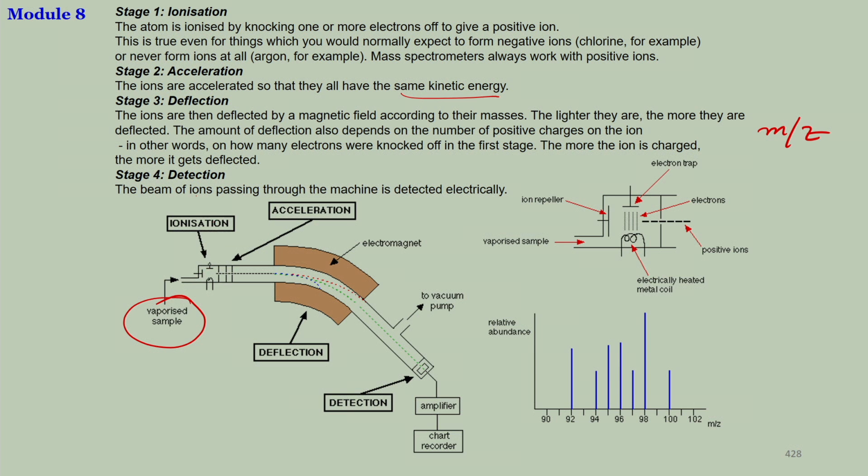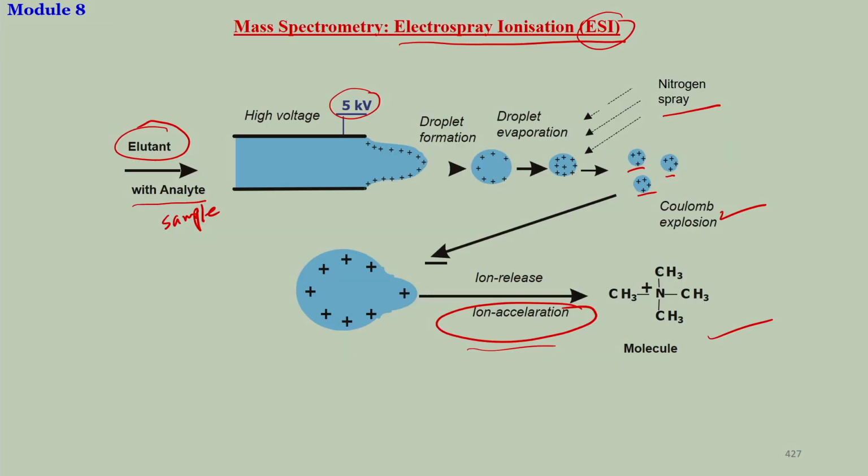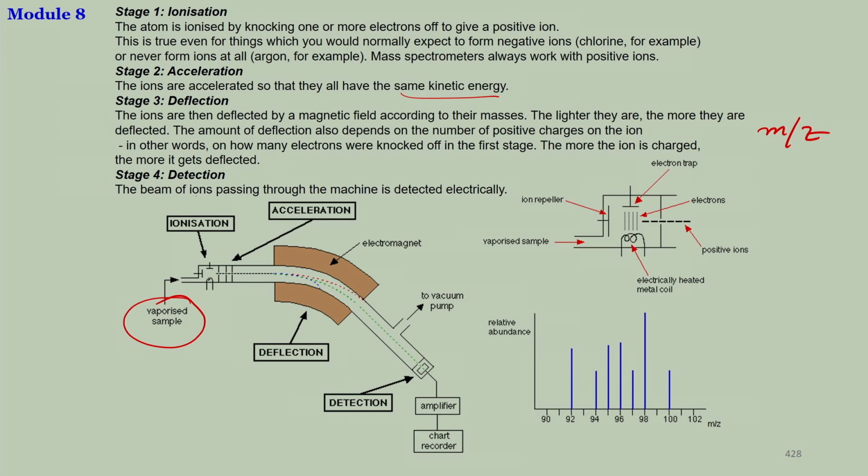Here comes the ionization, which forms the ions, then droplets, then spray, then Coulomb explosions, and finally these charged ions. That is the job of the ionization, and then the charged ions are sent through the accelerator, where they will be given the same kinetic energy, so the same speed.